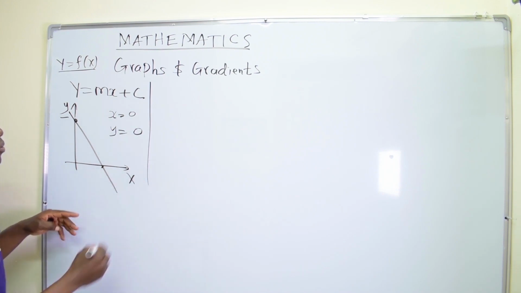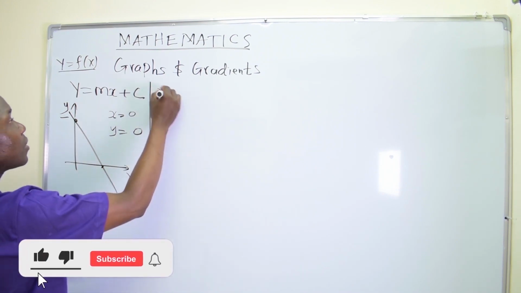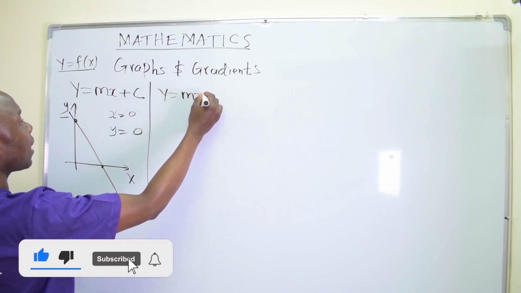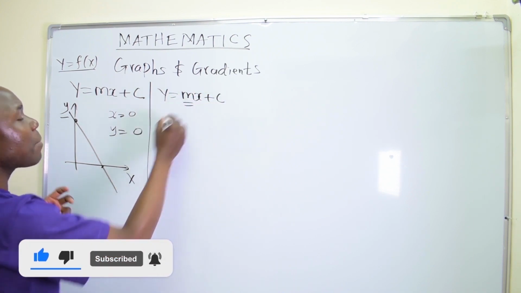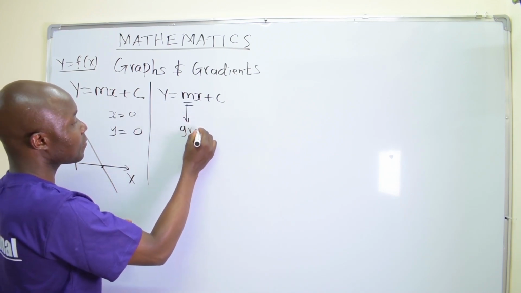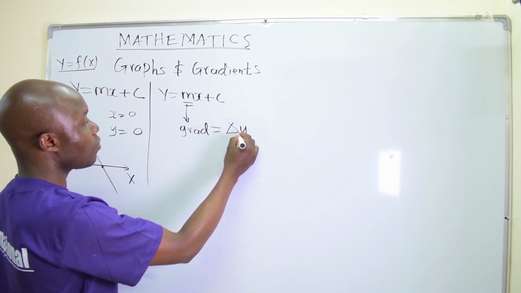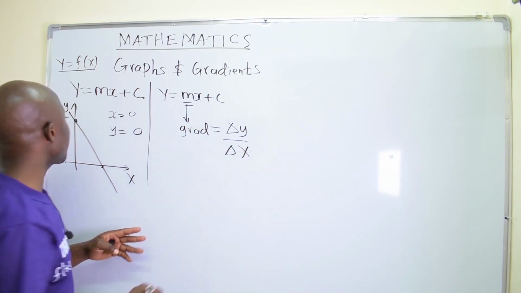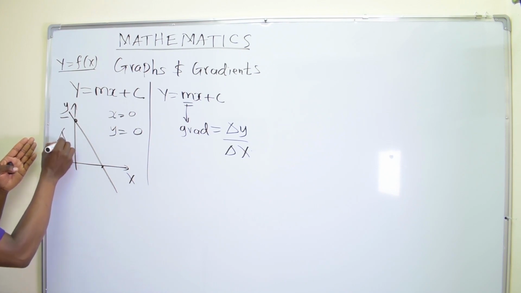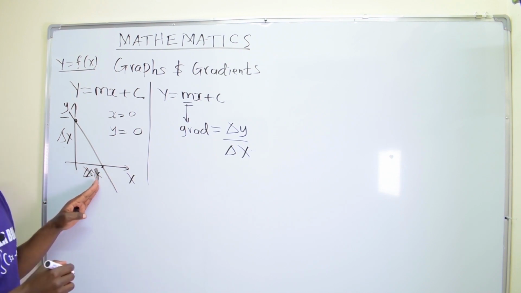Now, the first thing you need to understand is to interpret this given equation, y equals mx plus c. Remember, m is called the gradient. And what do we mean by the gradient? The change in y over the change in x. Now, if we come here, this is the change in the y-axis, and the lower part is the change in x, right?